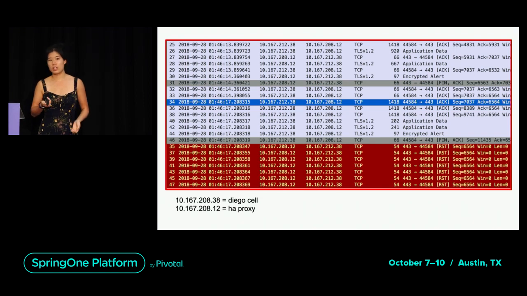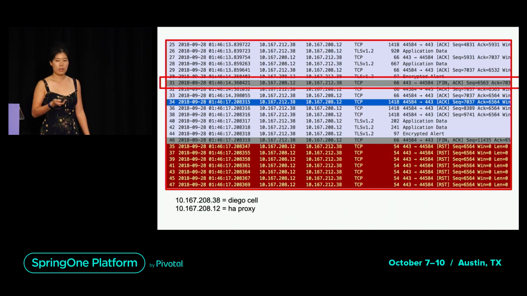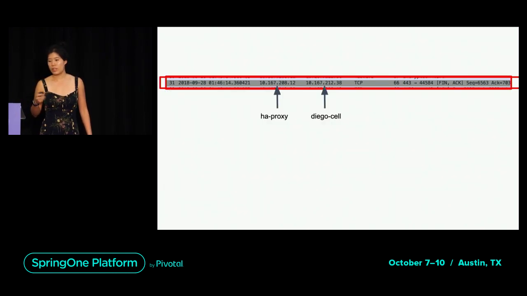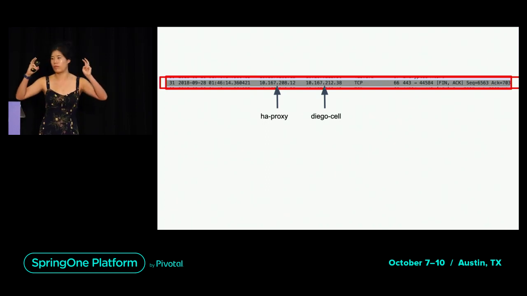And an interesting thing that we noticed here is if we zoom in on this line, we saw that the HAProxy was actually sending a FIN-ACK packet to the Diego cell. So what this means is the HAProxy was closing the connection to the Diego cell, which is unexpected, as this connection has the Diego cell as, you can think of, the client and the HAProxy as the server.